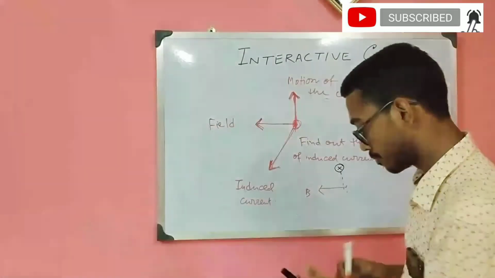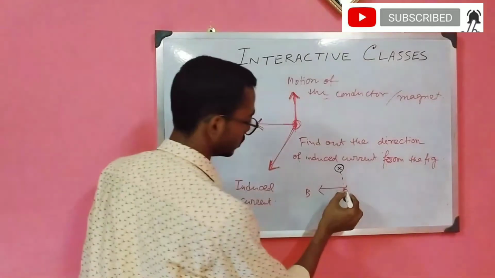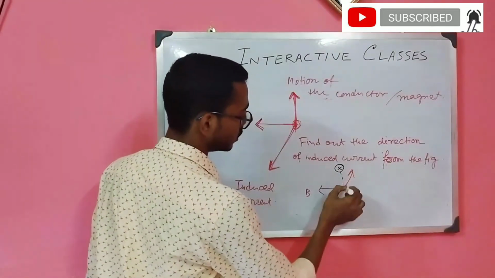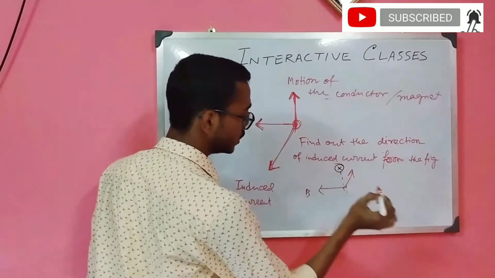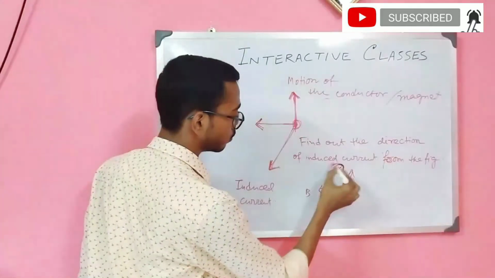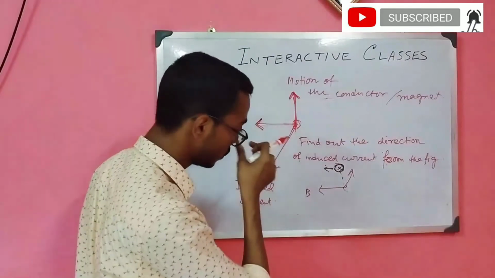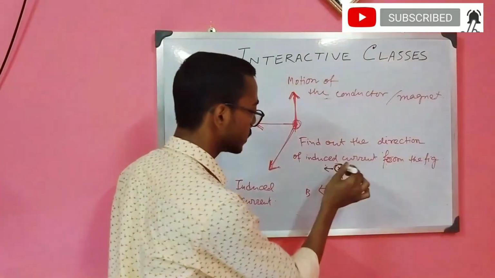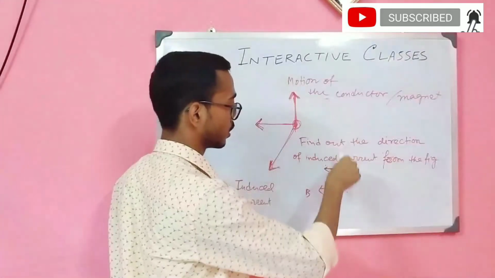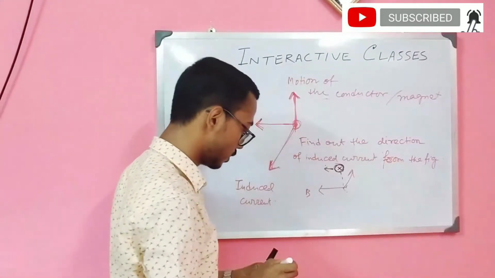That means magnetic field will be like this. This is in the upward direction. This is inside the board. The motion is within the board. You should not be confused with these two. This is inside the board and this is upward direction like this. Okay, I hope this is clear.